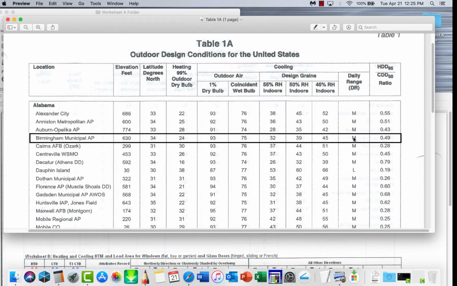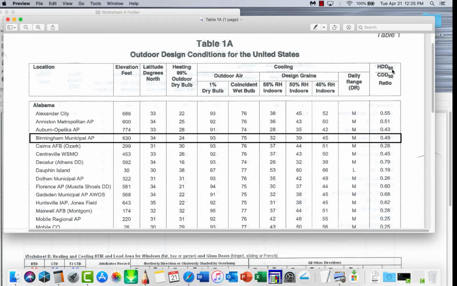It's probably less than 20 degrees, so it would be 90 degrees in the day and probably not get below 70 degrees in the evening. And the HDD and CDD, 50 and 65, are an energy efficiency ratio, for when they're calling for cooling above and heating below certain temperatures: 65 degrees for cooling, 50 for heating.